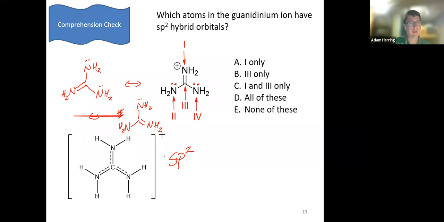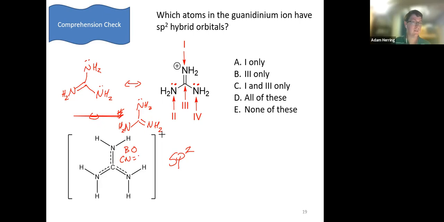We'll talk more about that in future videos, but you should be able to tell that, A, there is resonance, and that the complete structure, the most accurate structure, is going to be a combination of all 3 resonance forms. Therefore, our bond order between the carbon and nitrogen is going to be, can you figure it out?